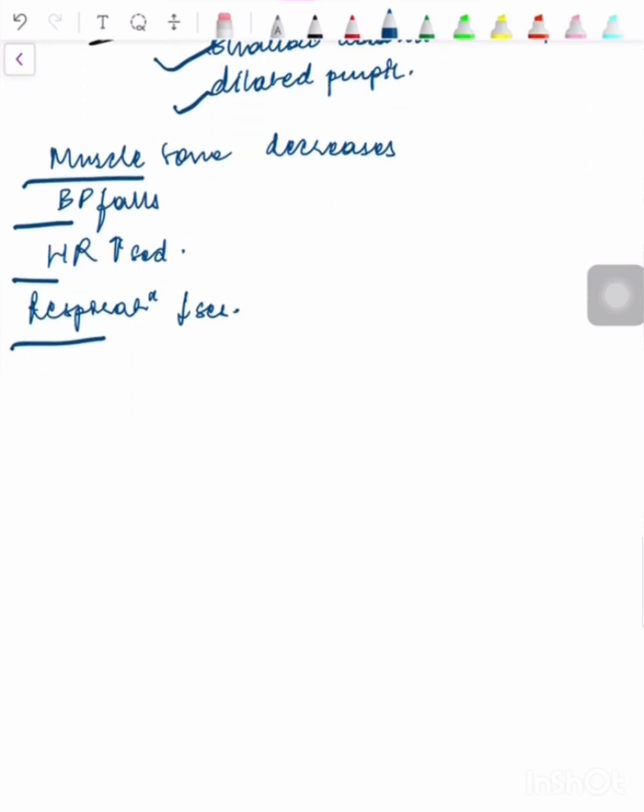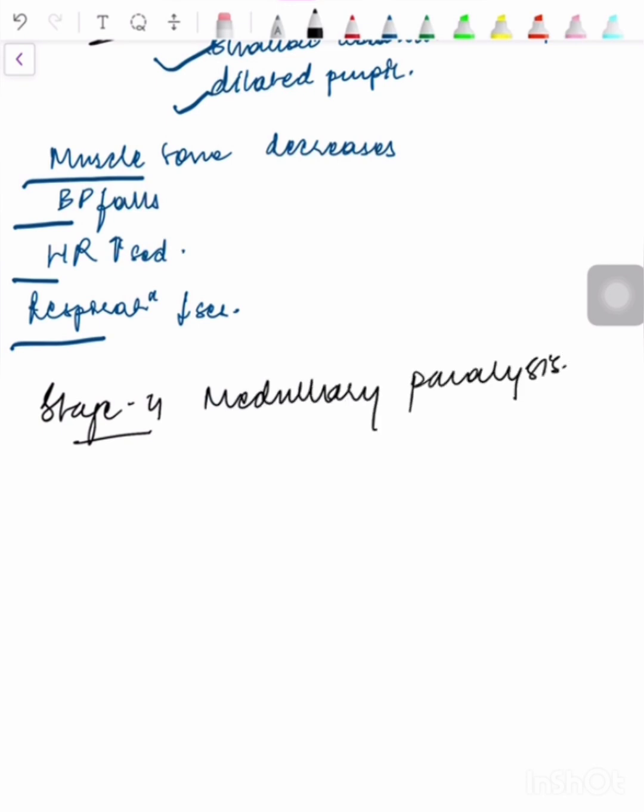Now, let's move on to the next stage, that is stage 4, also known as medullary paralysis. Again, as the word says, this stage is where there is paralysis of what? The medulla.